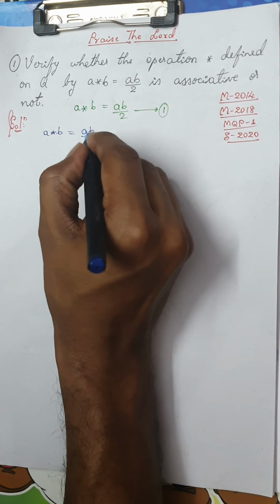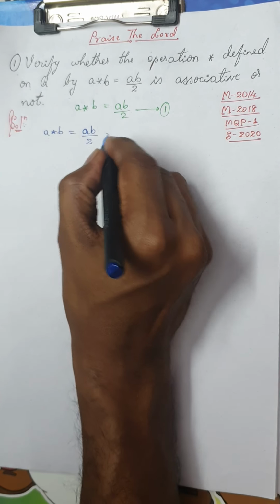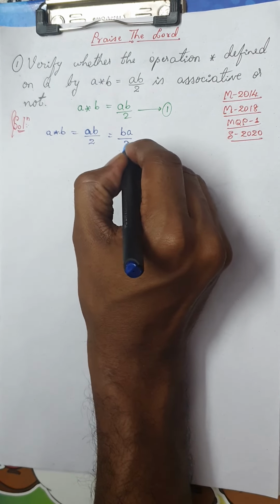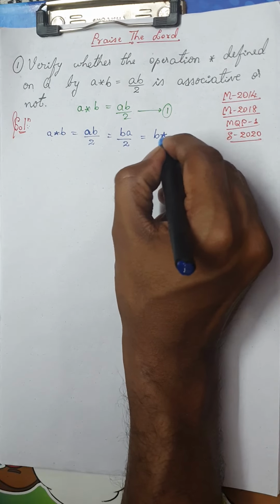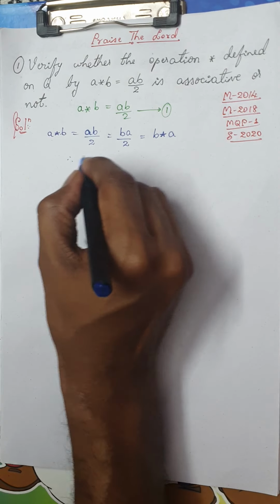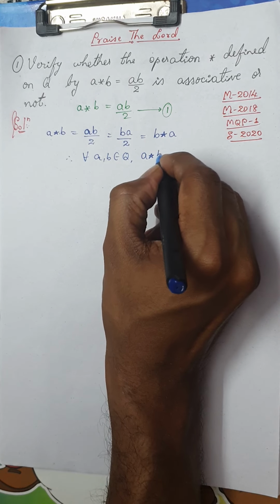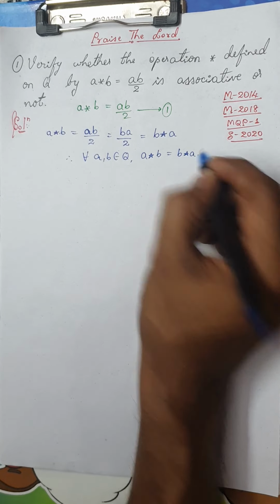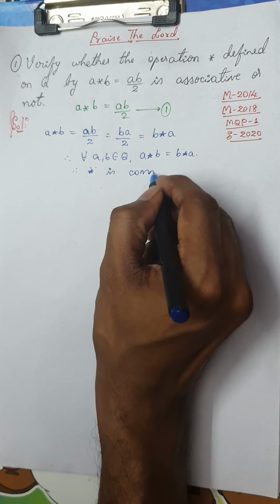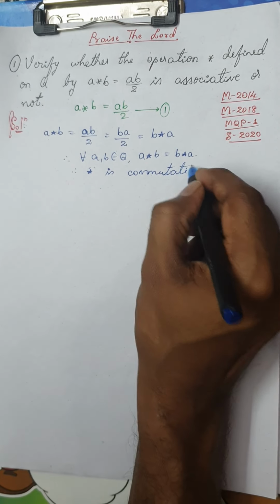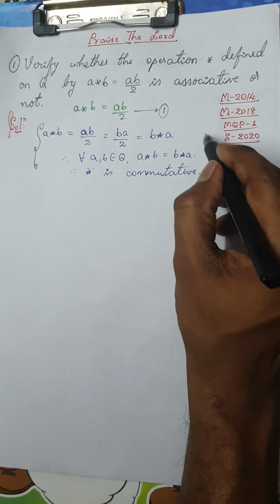Because both the numbers belong to Q, AB by 2 can also be written as BA by 2, and this is nothing but, according to the definition, B star A. Therefore, for all A, B belongs to Q, we have A star B is equal to B star A. Therefore star is commutative. In case they ask you the commutative property, you can prove this, or else this question is only about the associative property. This is just for your reference.